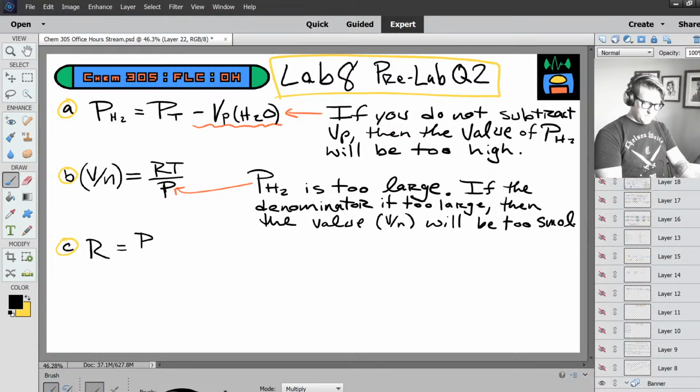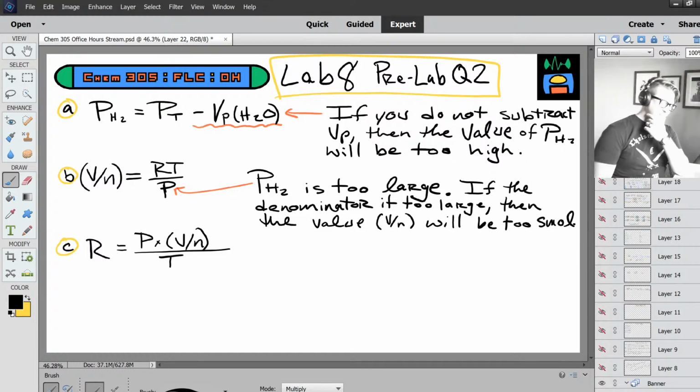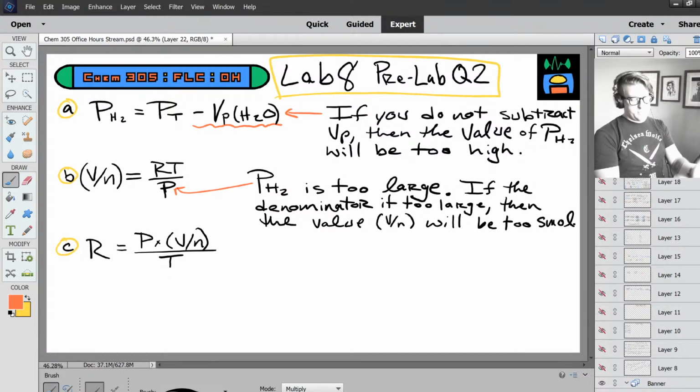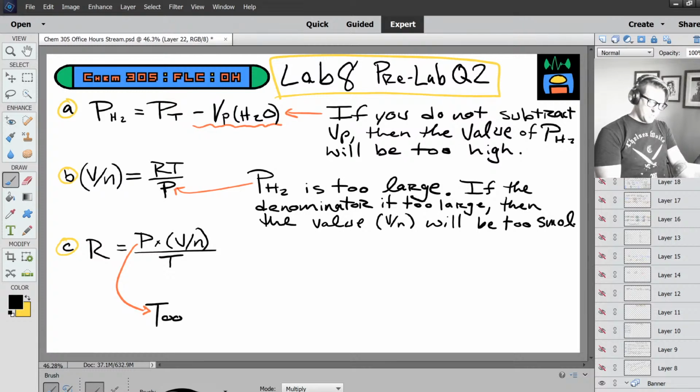Ideal gas law is equal to the partial pressure of hydrogen times the molar volume of hydrogen over T. When you look at this expression, we know that pressure, this is too large. But this, this is too small.